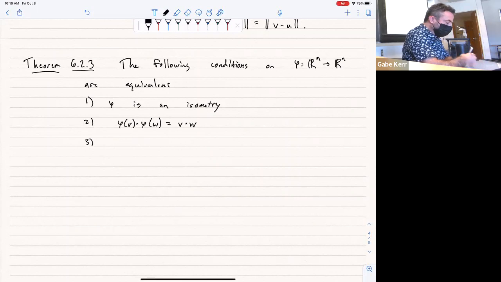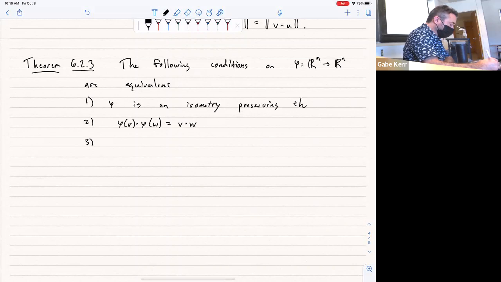Three, sorry, it's not just an isometry, pardon me. Phi is an isometry preserving the origin. That's phi of 0 equals 0. And then the third is that phi is an orthogonal operator.